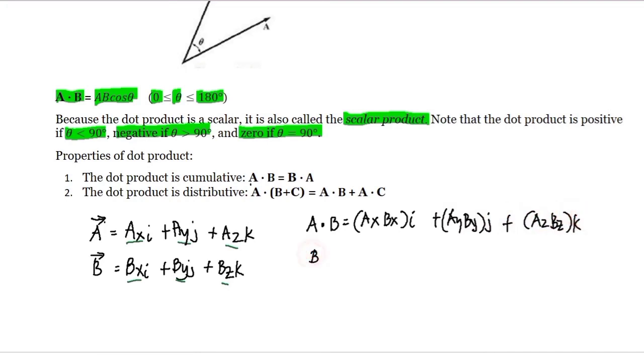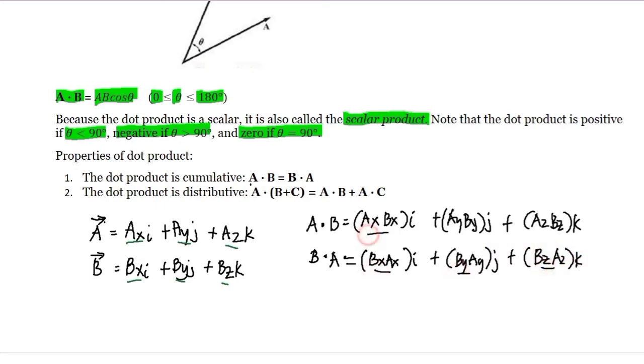And if we have B dot A, it is just BXAX plus BYAY plus BZAZ. Now, if we rearrange these, we still get the same result. So the dot product is commutative.